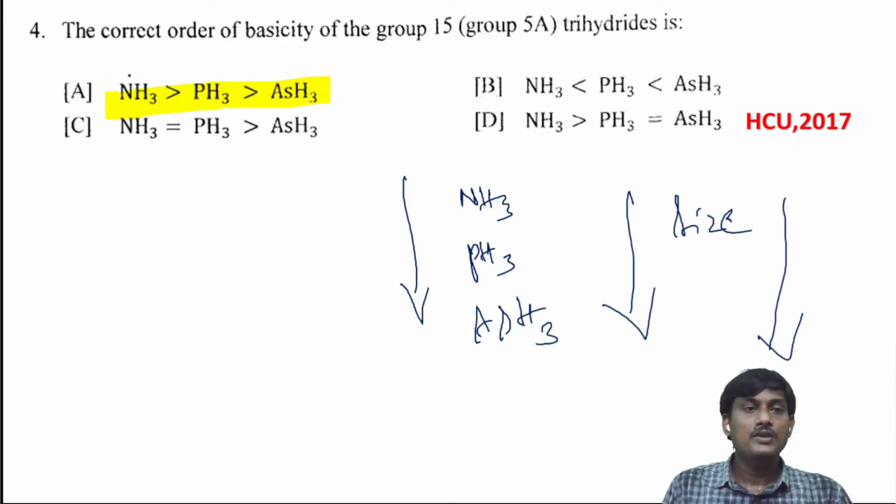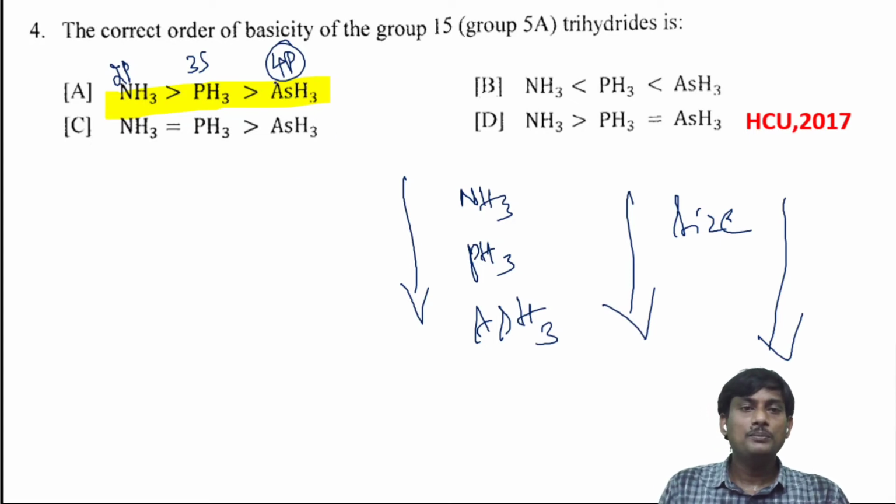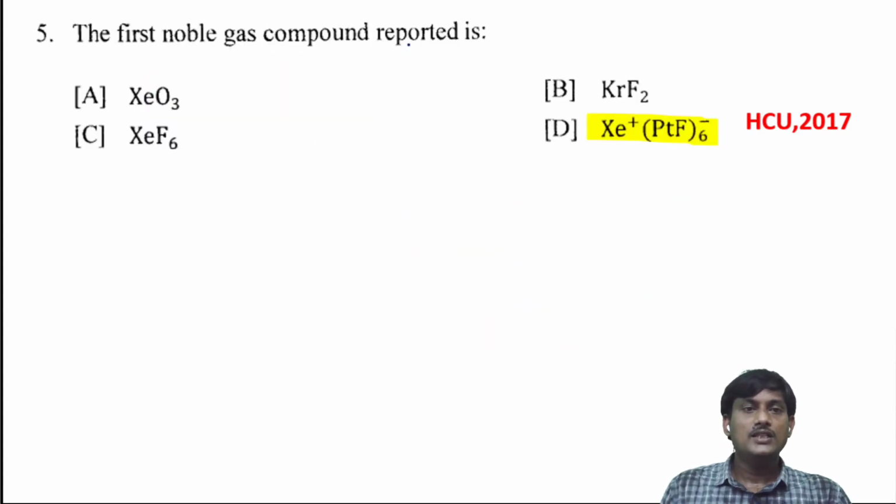You have a 2p orbital, a 3p orbital and a 4p orbital. The size of the 4p orbital is greater. So the lone pair of electrons present on arsenic will be distributed over more volume. So the availability of the lone pair of electrons is less. So NH3 is more basic, next PH3, next AsH3.